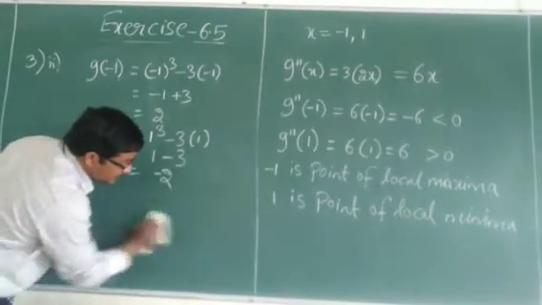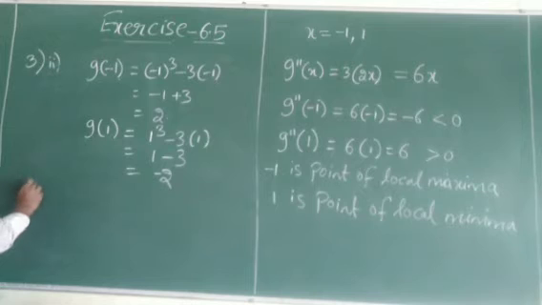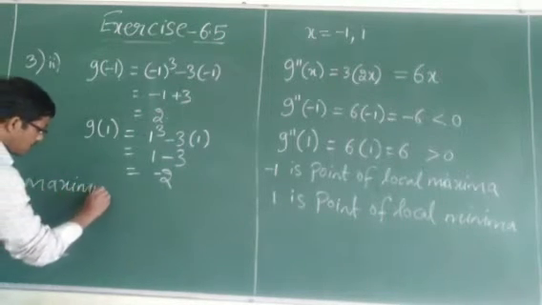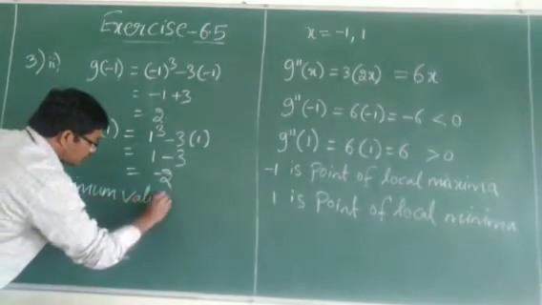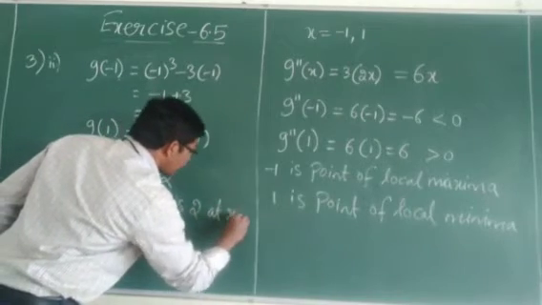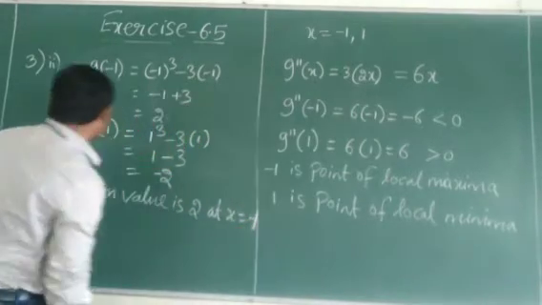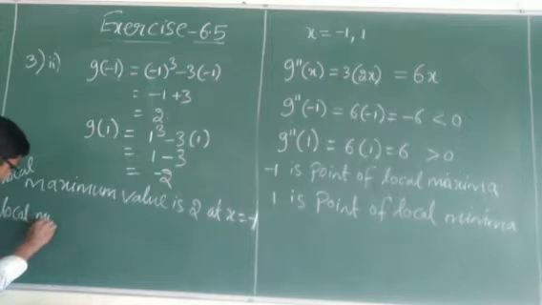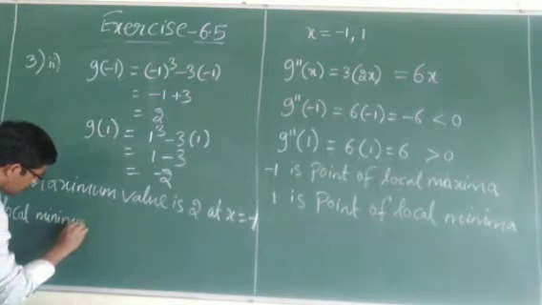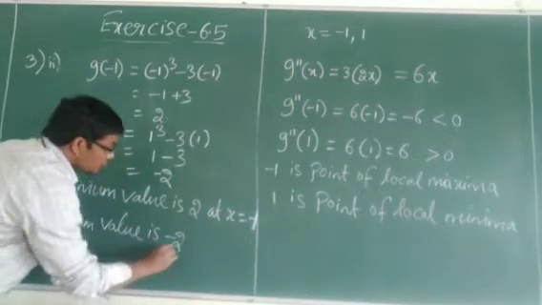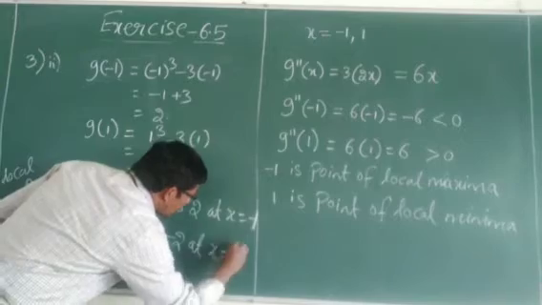So what we write here is: the local maximum value is 2 at x equal to -1, and the local minimum value is -2 at x equal to 1.